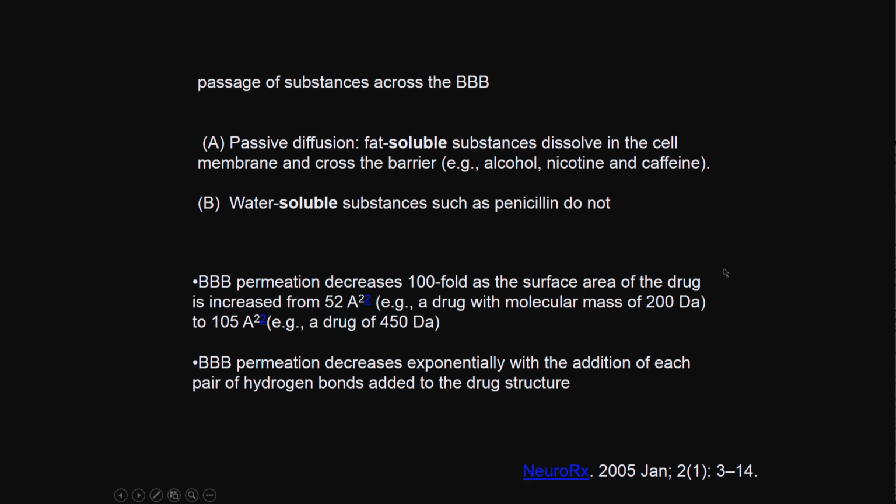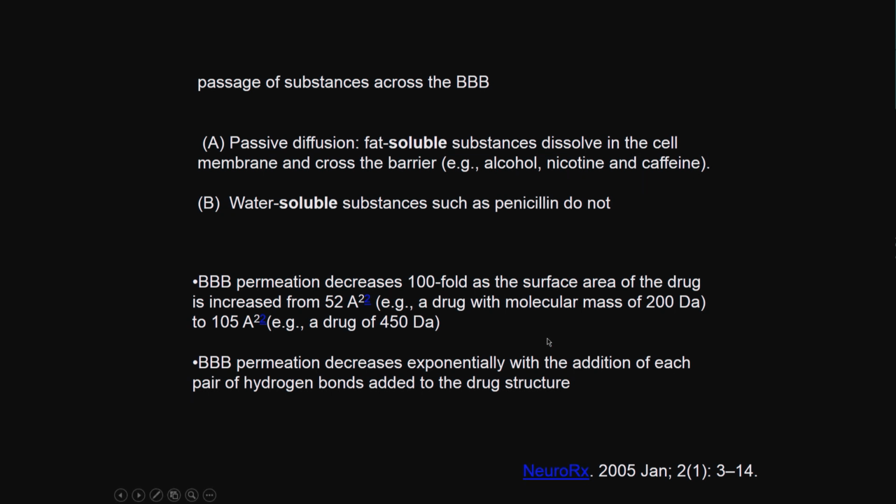BBB permeation decreases 100-fold as the surface area of the drug is increased from 52 angstroms to 105 angstroms. So, if you increase double, then BBB permeation decreases by 100-fold. For example, a drug with a mass of 200 Dalton may have a surface area of 52 angstrom, whereas a drug with 450 Dalton may have an area of 105 angstrom.